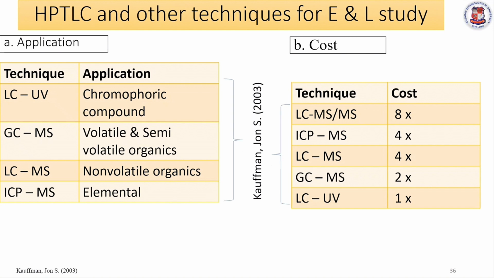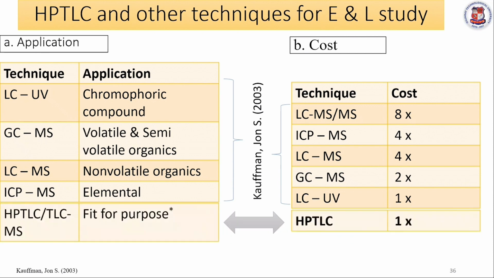When we compared this technique with others on application and cost, we see that LCUV and all these techniques have their limitations. In LCUV, a chromophoric compound is required, GCMS is for volatile compounds, LCMS for non-volatile compounds, and ICPMS is for elemental analysis.